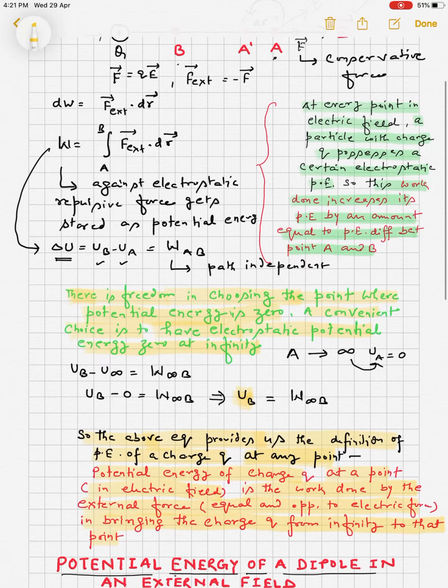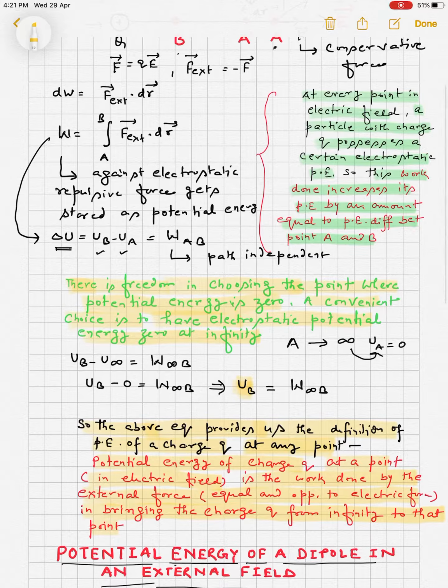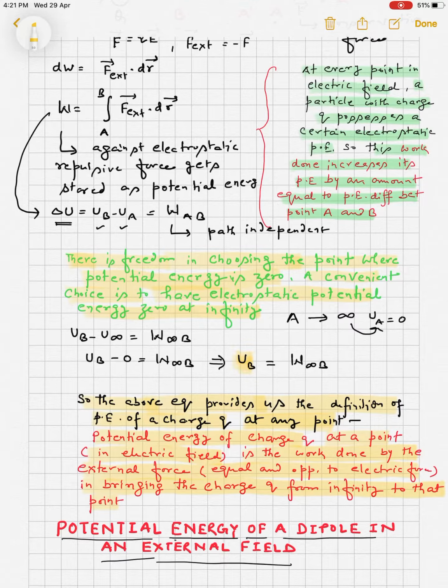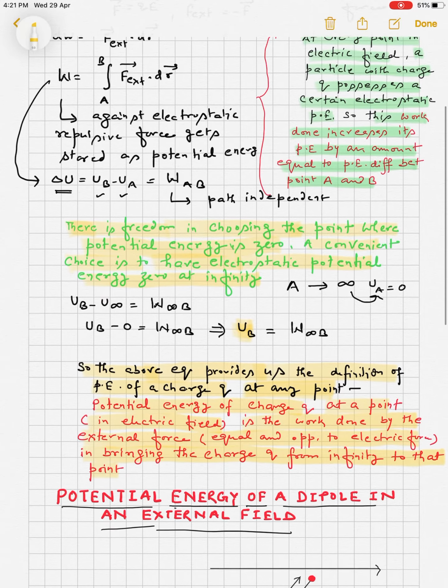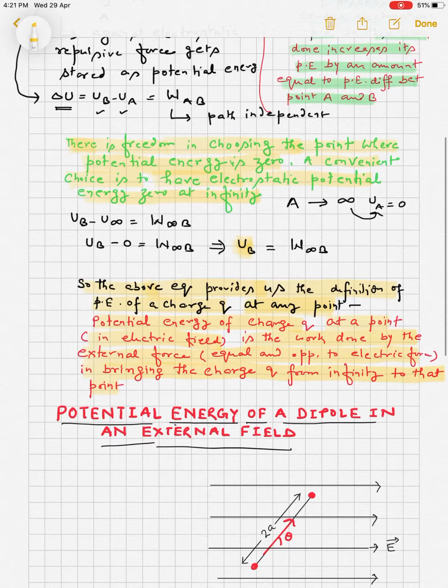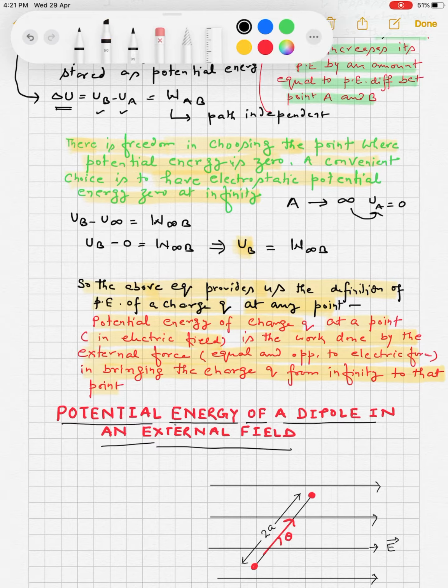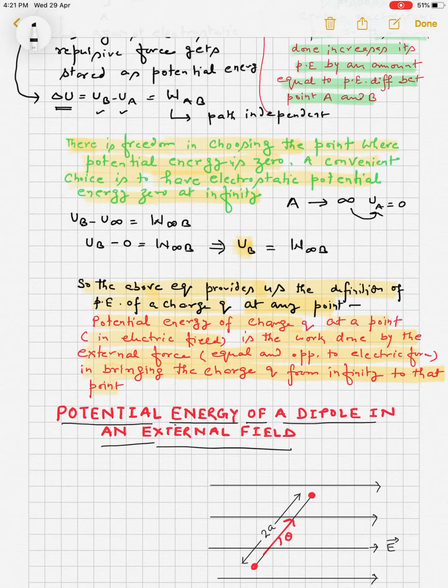Now we come to the next point, potential energy of a dipole in an external field. If a dipole is placed in an external field, what will happen? So here is a case. Here are two charges.